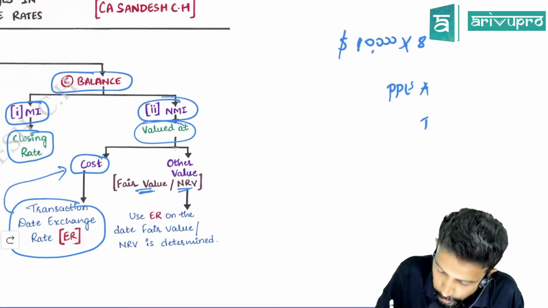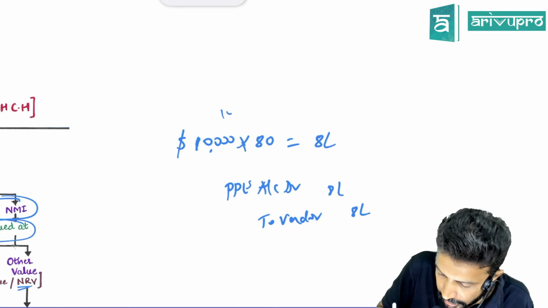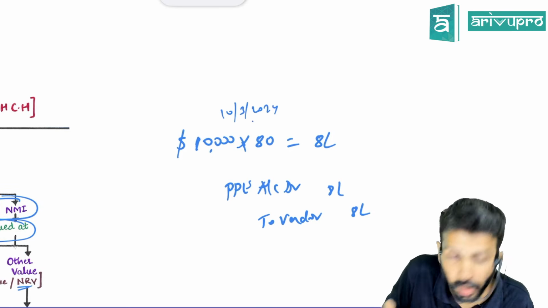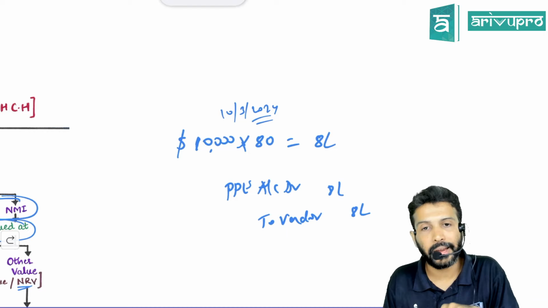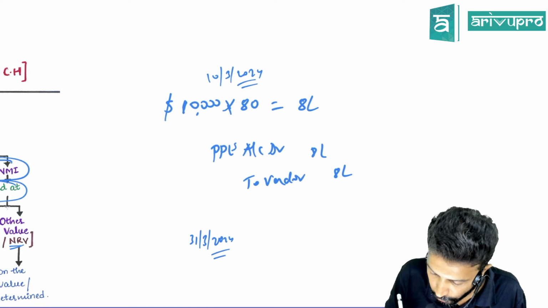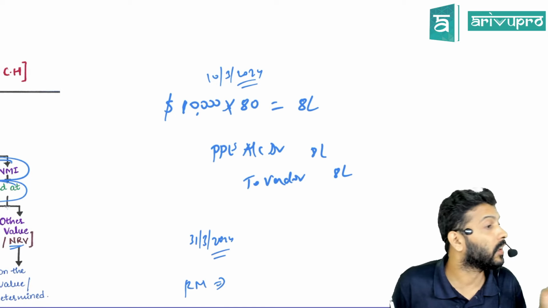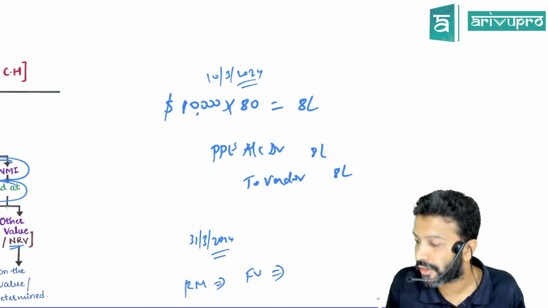Initially you purchase PPE on, let's say, 10th March 2024, and you have recorded this PPE at 8 lakh rupees. Suppose on 31st March 2024, you want to go for the revaluation model. For the revaluation model, you need to show this PPE at fair value.